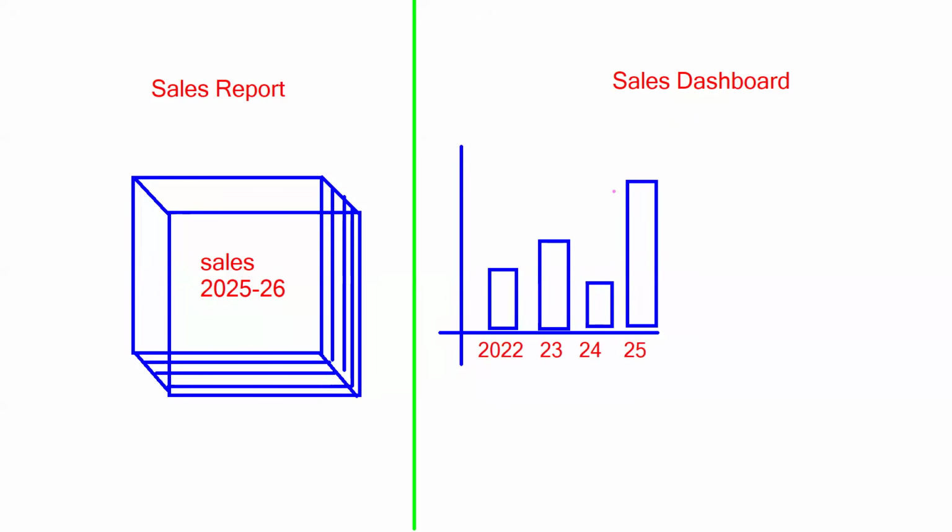Can you see? We can observe there is an overall growth. But we can notice that in the year 2024, we have limited sales. So what could be the reason? Why do we have minimum sales in 2024? And how was it fixed? So we can create a simple dashboard here. We can even use one more chart, like a donut chart or pie chart.